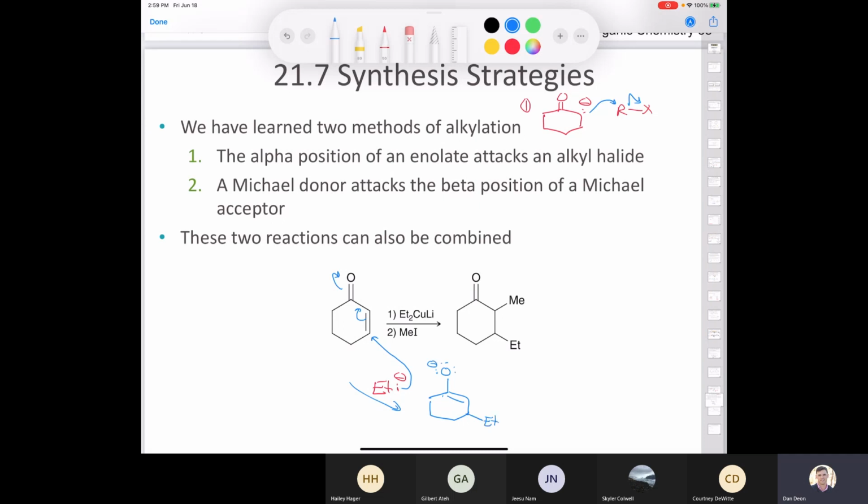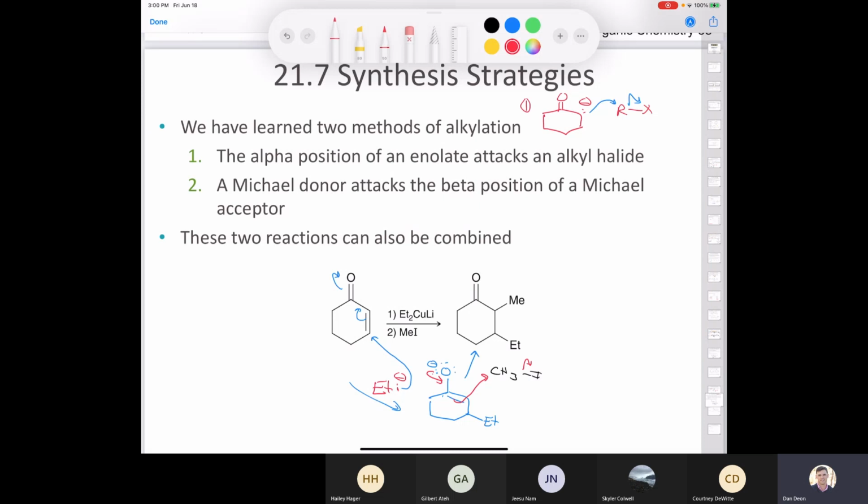Well, instead of just treating this with aqueous acid to protonate and tautomerize to give you the ketone, if you treat this with methyl iodide, let me draw the methyl group. What that does is the nucleophilic attack like this, and then you end up adding two alkyl groups to what was originally a Michael acceptor, which is pretty cool, huh?